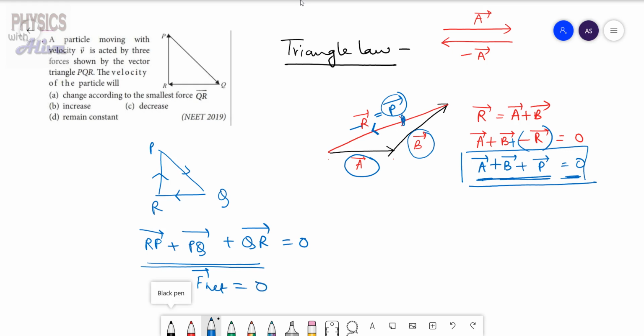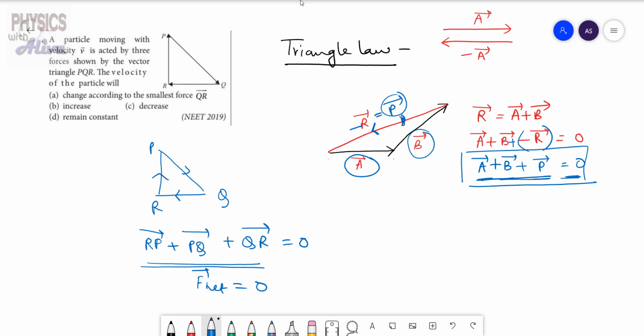As the net force acting on the particle is 0, we can say from Newton's first law that when no force is acting on a body, the body will continue its motion. If it is at rest, it will remain at rest. If it is moving with a constant velocity, it will continue its motion with that velocity.